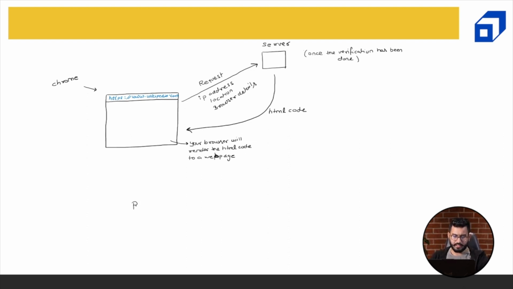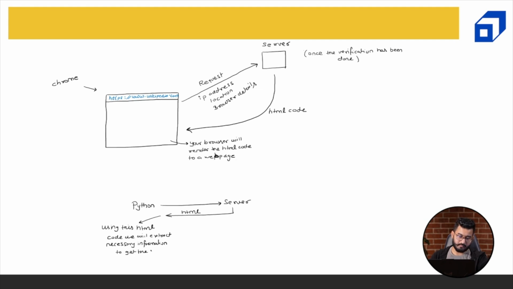So we'll be having Python to make the request to the server, and then the server will return the HTML code, using which, so using this HTML code, we will extract necessary information to get the data.